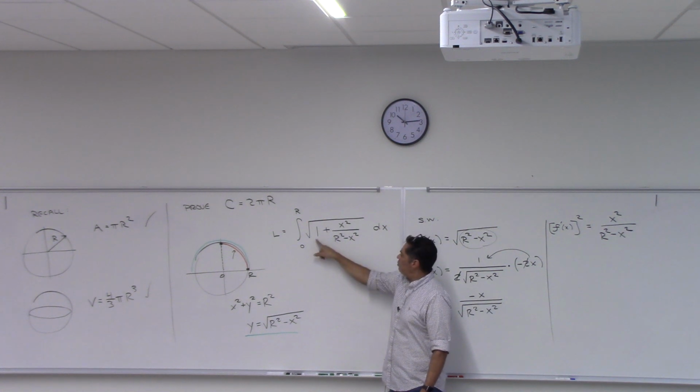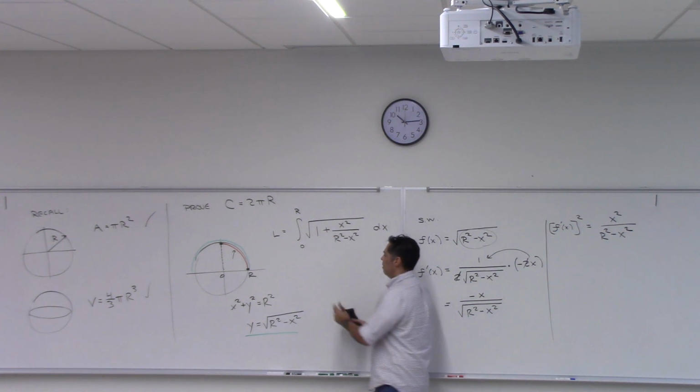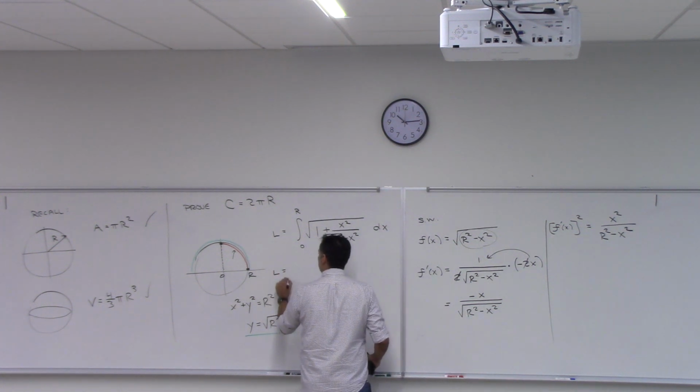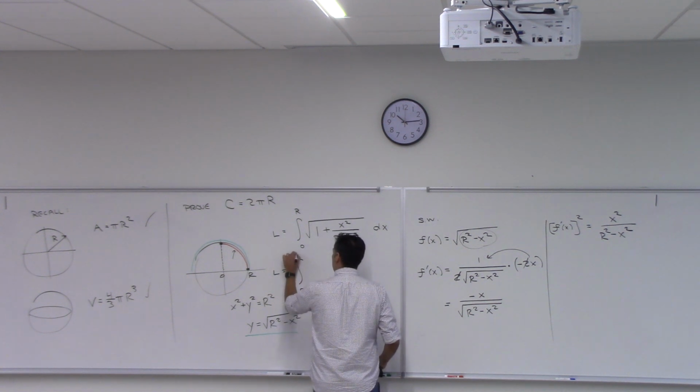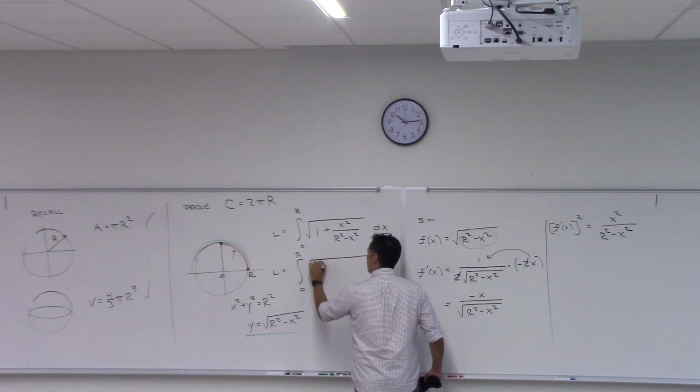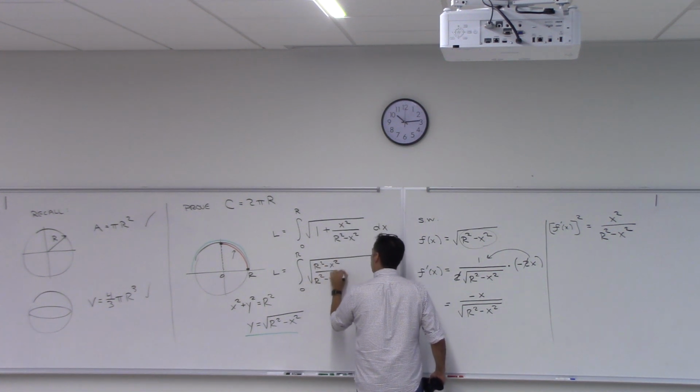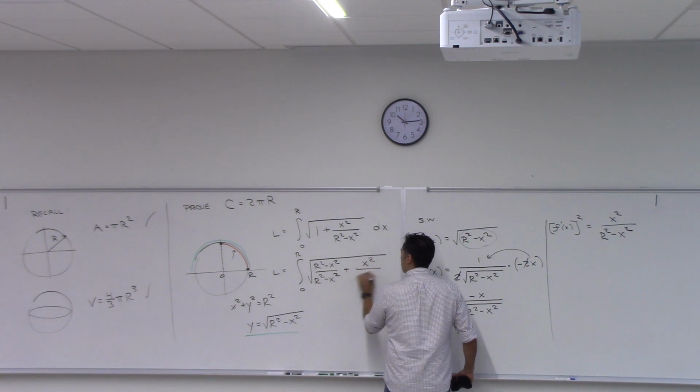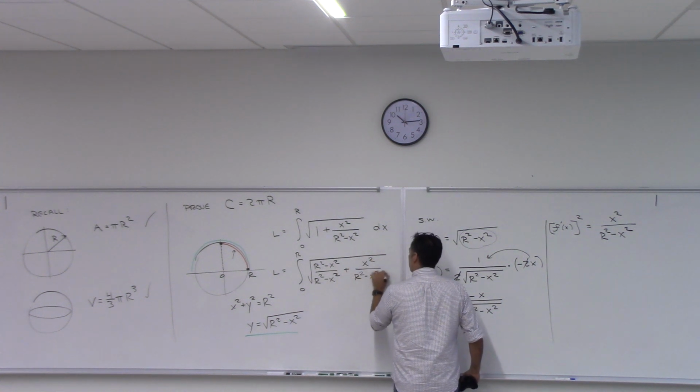So turn the 1 into a what? R squared minus x squared over r squared minus x squared. Okay, so this will be length equals integral 0 to capital R, square root of r squared minus x squared over r squared minus x squared plus x squared over r squared minus x squared dx.